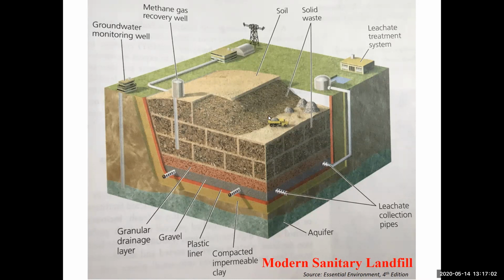All right, so we have our trash here in our cell. And you can see here we have what's called the methane gas recovery well. So as this trash is breaking down in the landfill, we have microorganisms that are decomposing this trash in an oxygen depleted environment. So as the trash is being decomposed, methane gas is produced.